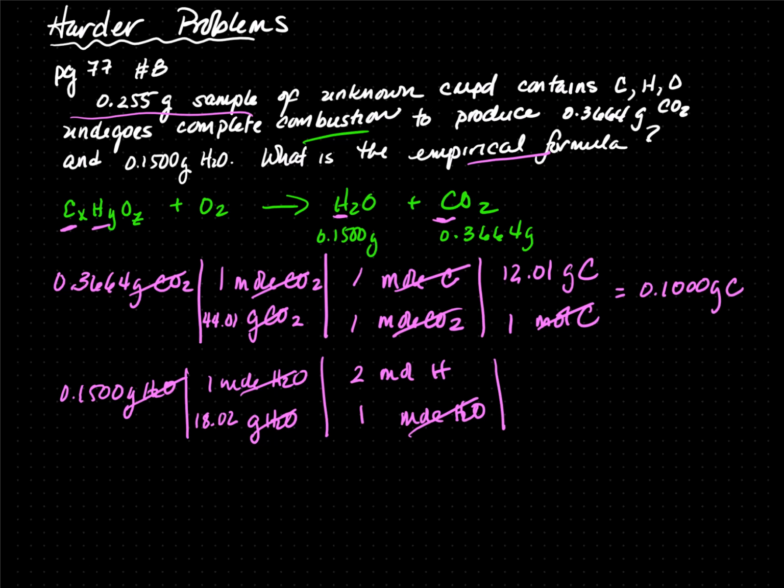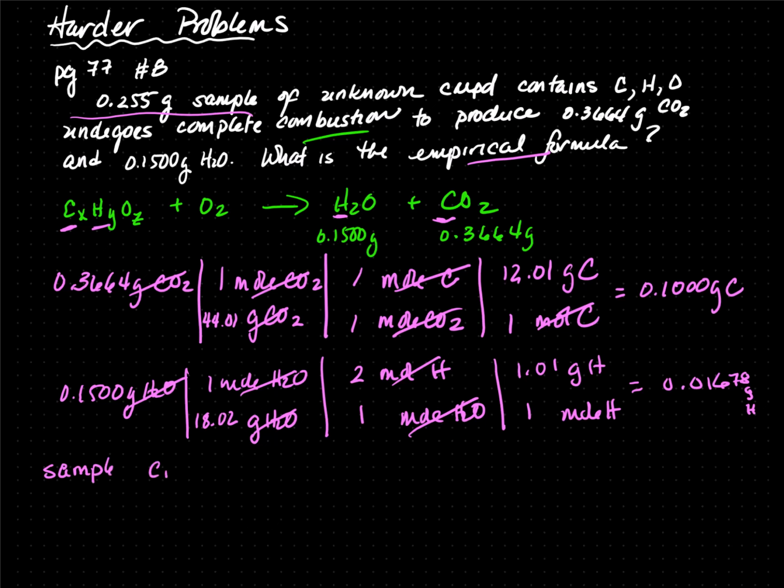We are going to grams, so moles of hydrogen, molar mass again. 1 mole is equal to its mass off the periodic table, grams of hydrogen. So again, multiply all the top, multiply all the bottom, and divide, so this becomes 0.01678 grams of hydrogen.